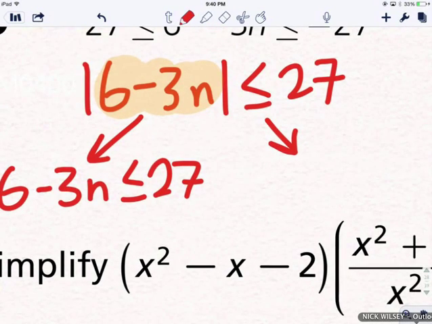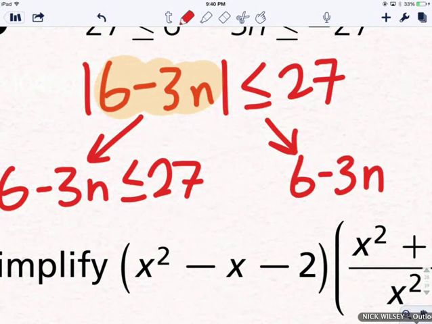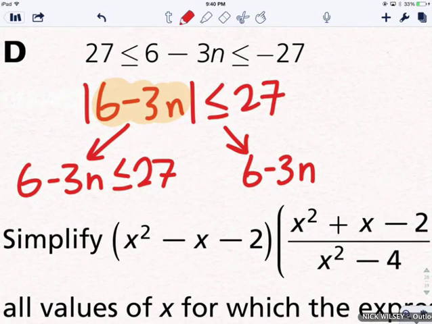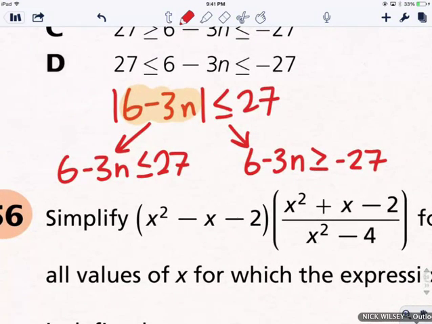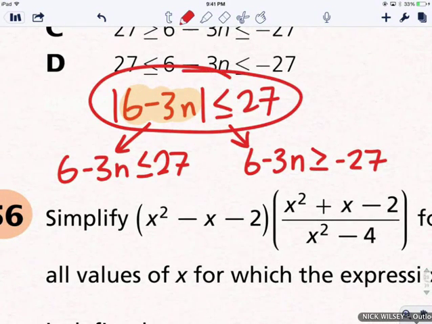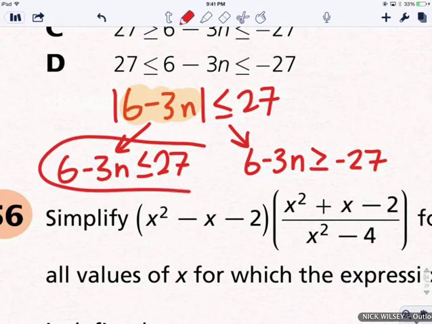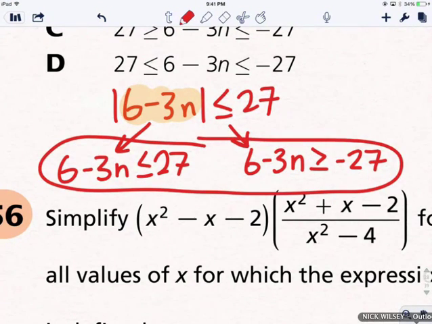Now, to split on the right over here, you're going to have to do two things simultaneously. Keep the 6 minus 3n the same, but you're going to flip the direction of the inequality symbol. And do you remember the second thing you're going to do? You're going to change the sign of the 27. So it's going to become negative 27. Okay? So this one absolute value inequality is equivalent to these two separate inequalities.